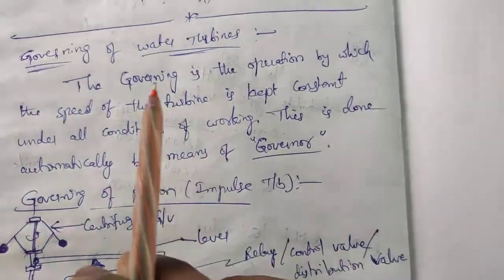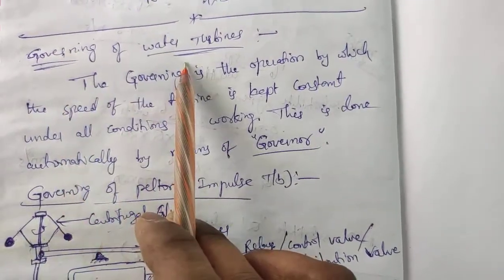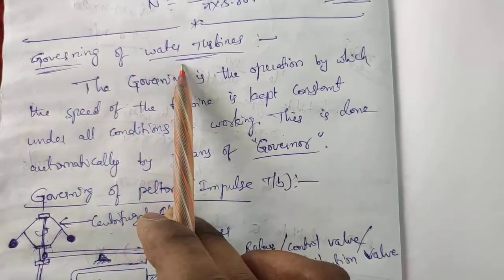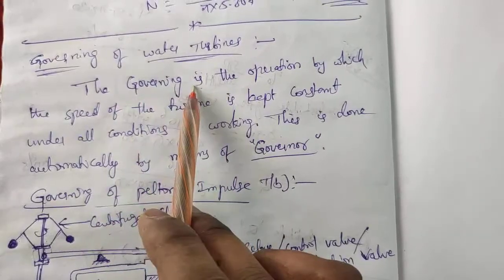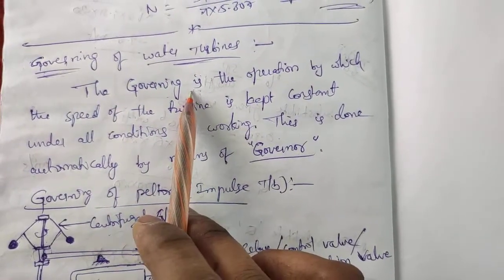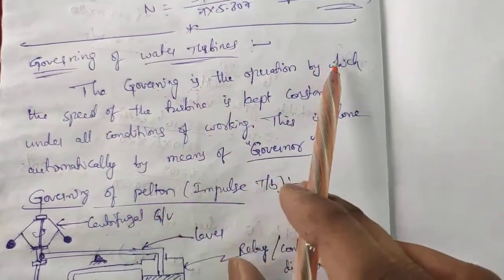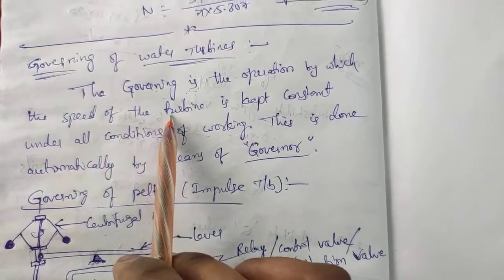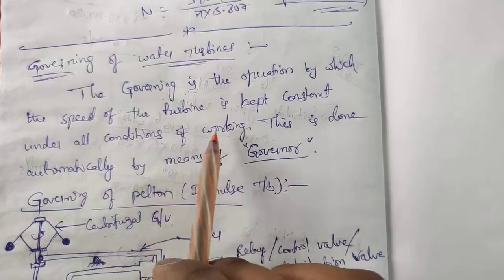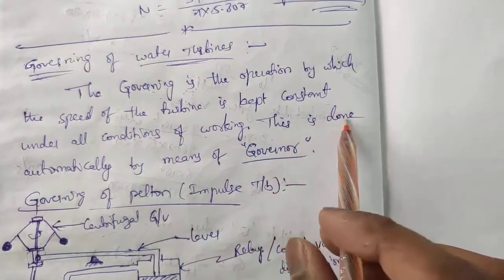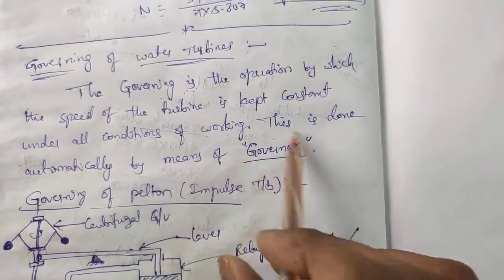Hello students, today we will see operation of governing in water turbines. So let us know about governing operation. It is the operation by which speed of turbine is kept constant under all conditions of working. This is done automatically by means of governor.